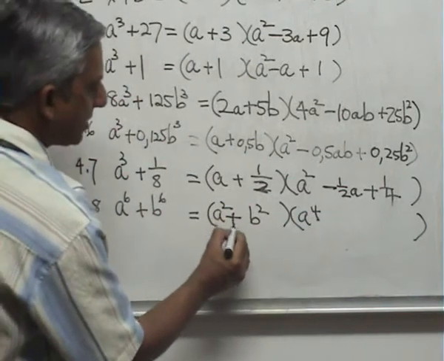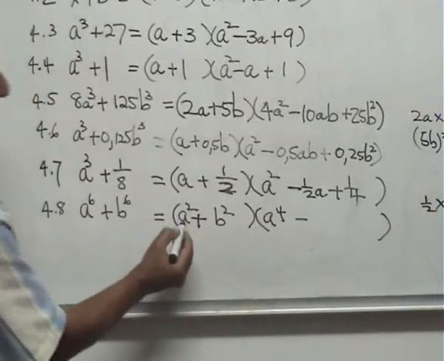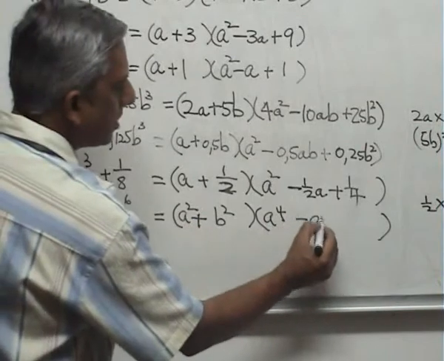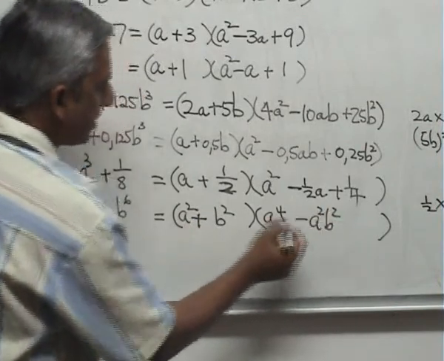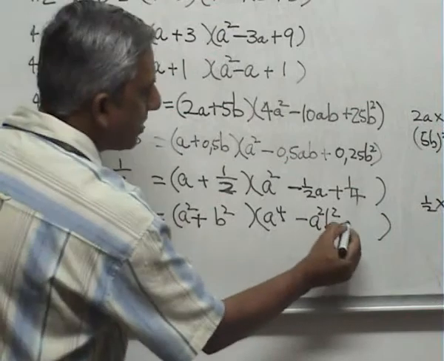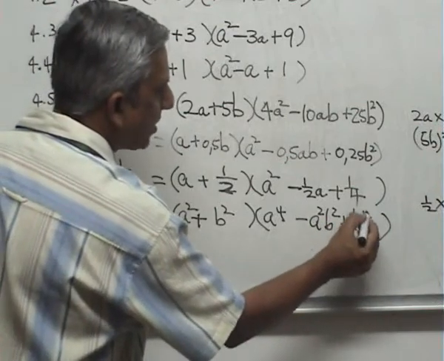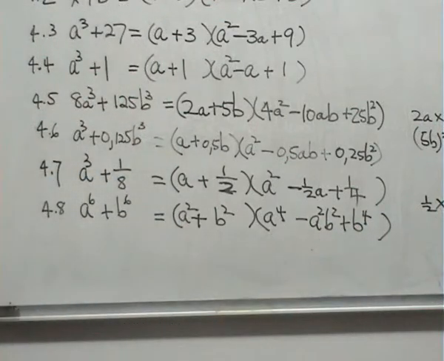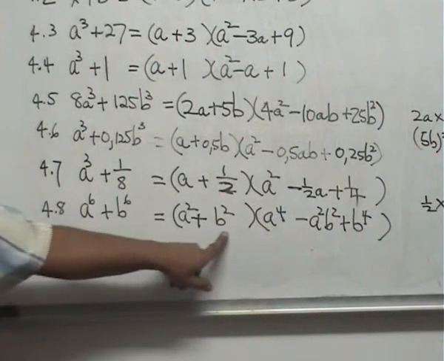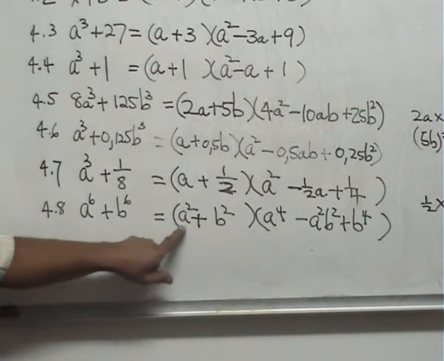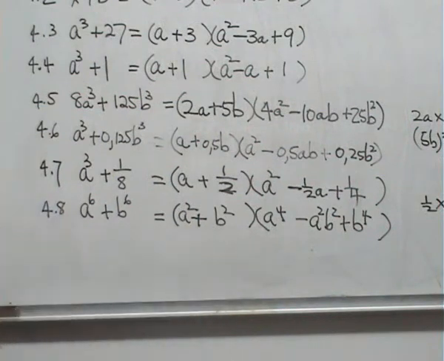If this is plus, that is minus. Multiply this, a squared, b squared. Square the b squared, plus b to the 4. Watch carefully. This is a squared plus b squared. This is a sum of two squares. This cannot be factorized. Therefore, that is the final answer.